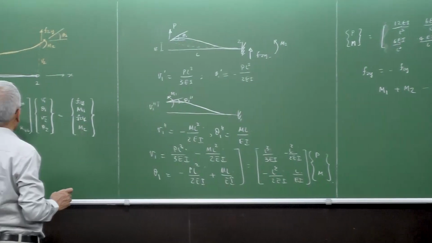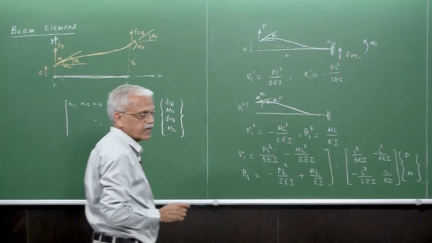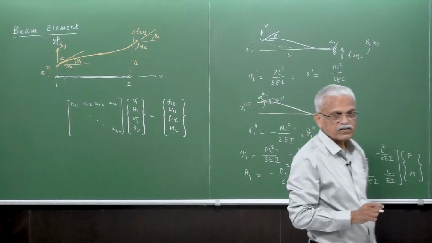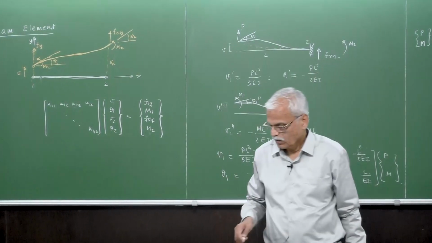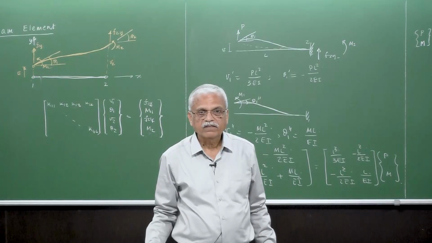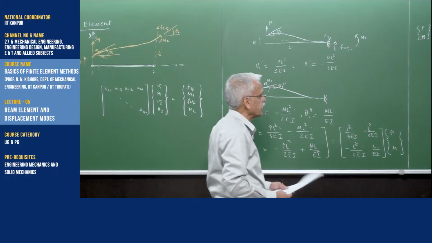These things mean the two other components of the first column, first row. So that way you can find out the complete K matrix.